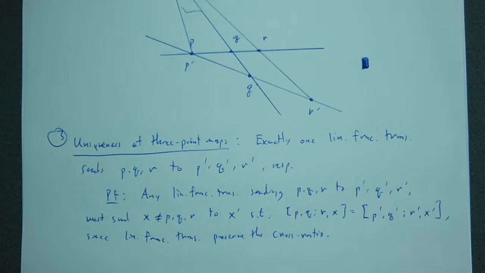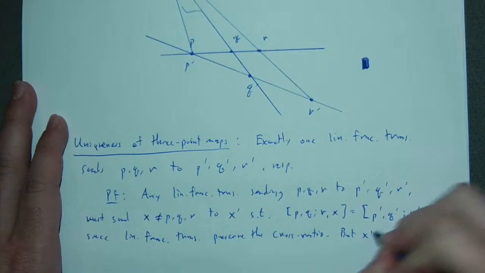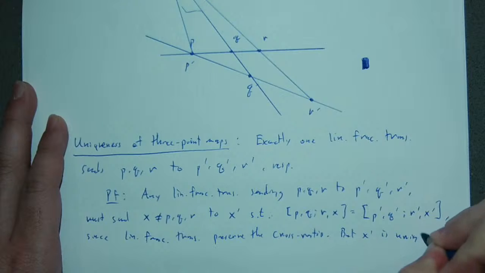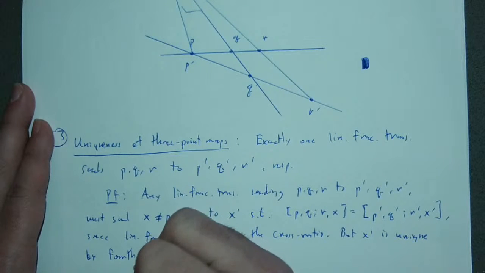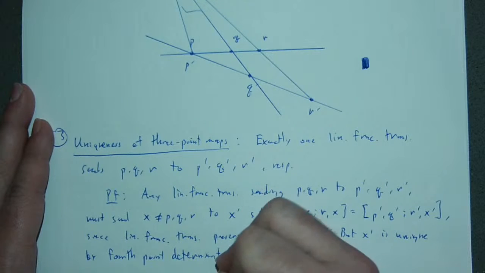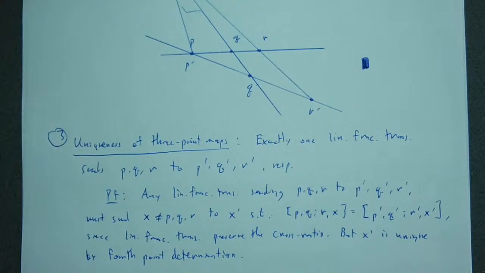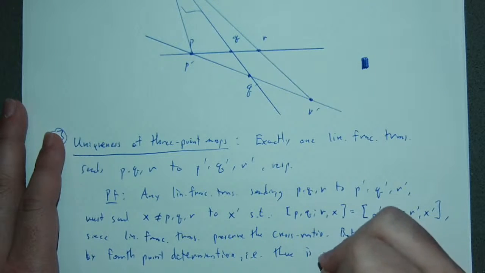So there's exactly one way to do it, right? But X prime is unique by 4th-point determination, i.e., there is exactly one such F.